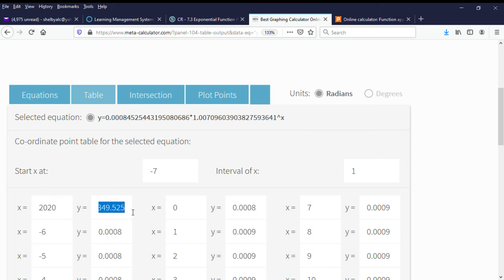What that's telling us is that for the population in the year 2020, it's estimating it at 1,349,000. Keep that in mind: the Y value is 1,349.5, but that means thousands. So overall, this represents 1,349,000.